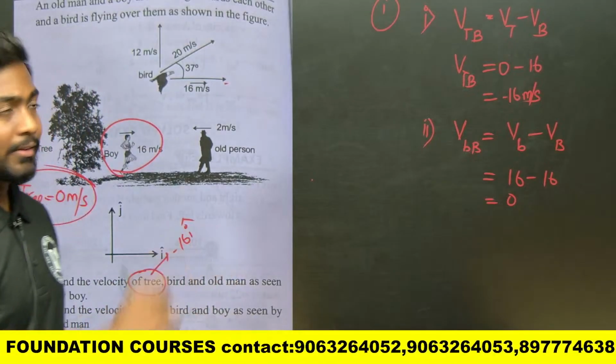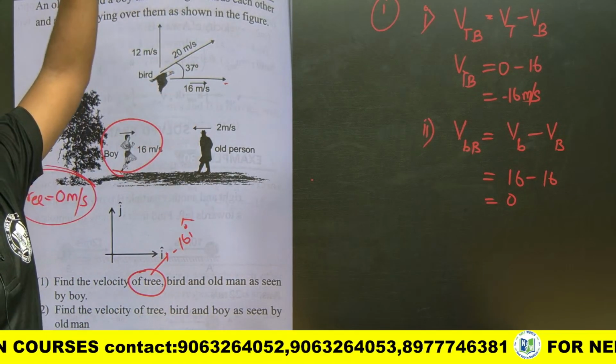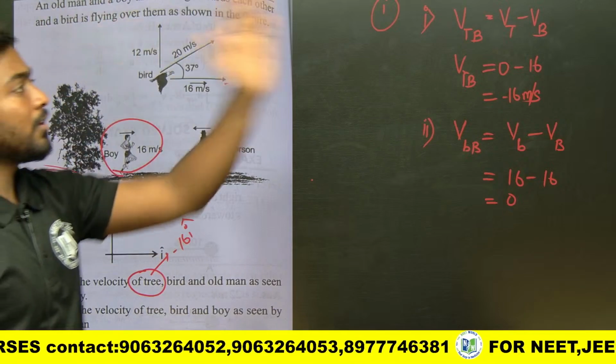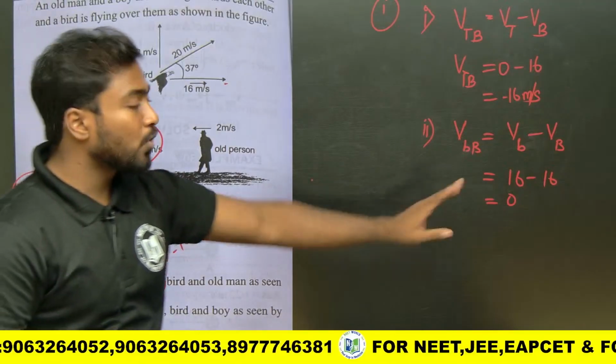This is in the x axis, guys. What about the y axis? The boy is not going in the upward direction, is he? He is observing like this. So 0 meter per second.